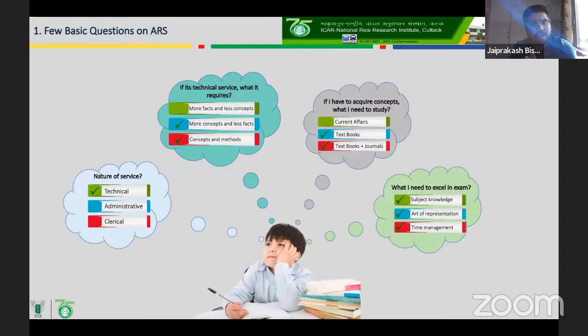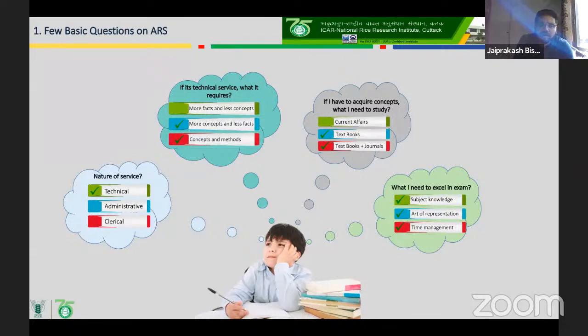Okay, so a few basic questions about the ARS examination. The first thing, the nature of services. It is purely technical services. It is not administrative services or clerical services. So throughout your services, your technical knowledge will be tested. You will be involved in different projects and different kinds of tasks, projects of national importance or international importance.